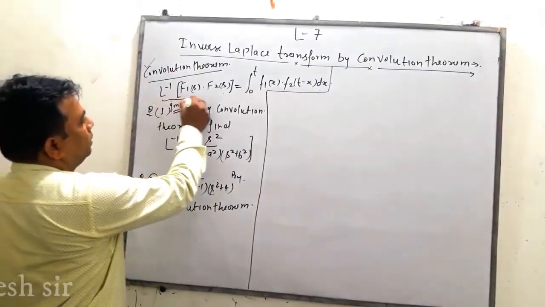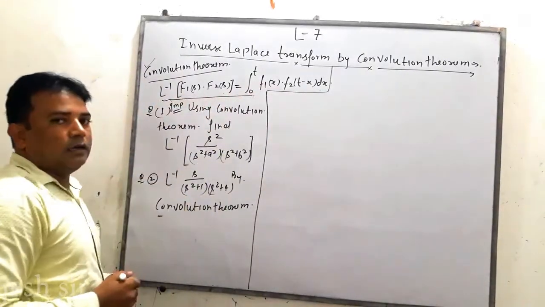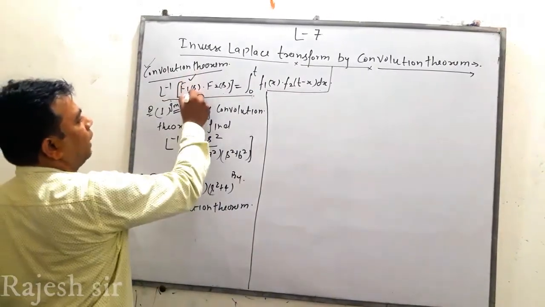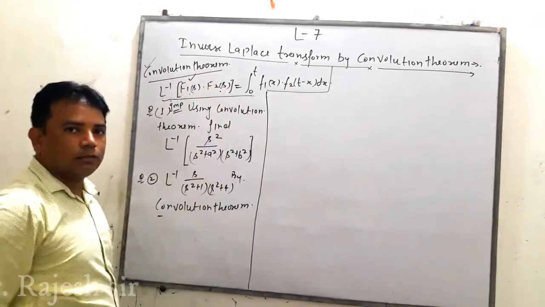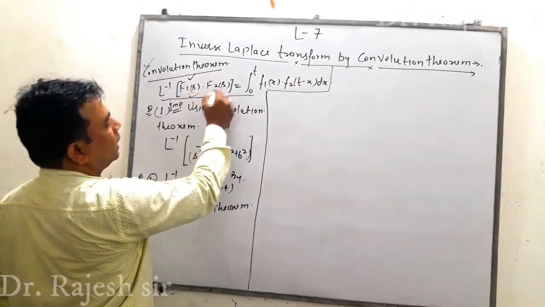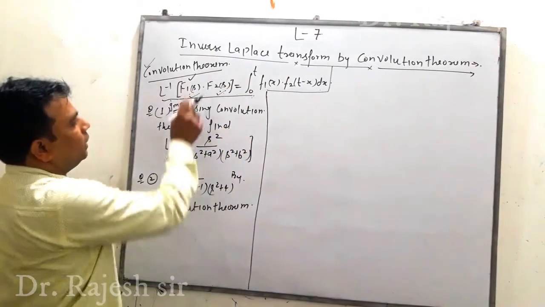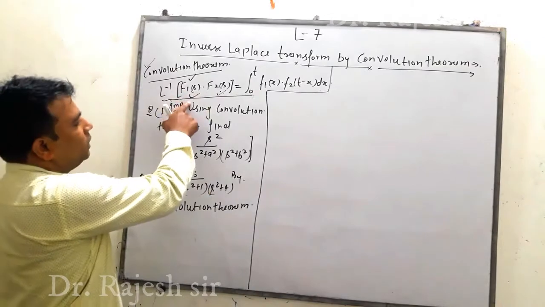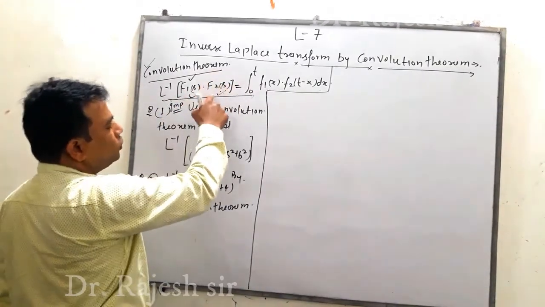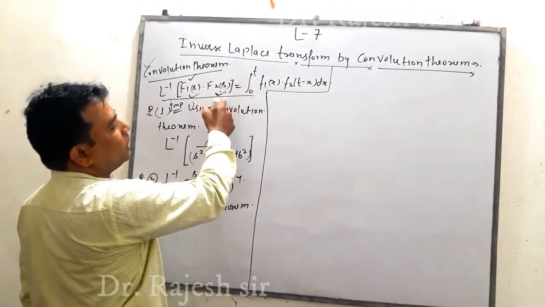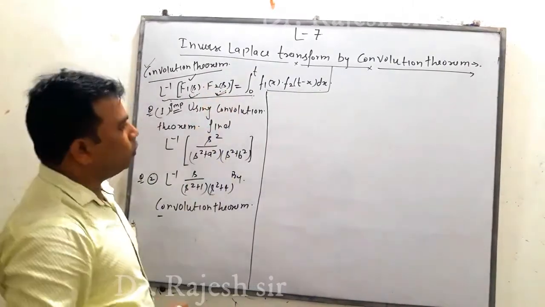We can divide the given function into a product of two functions: the first function is F1(s) and the second function is F2(s). Then we take the inverse Laplace transform of the first function in terms of f1(t), and also the inverse Laplace transform of the second function in terms of f2(t).